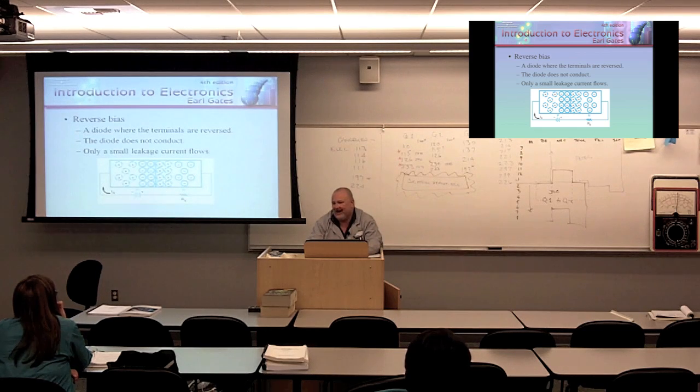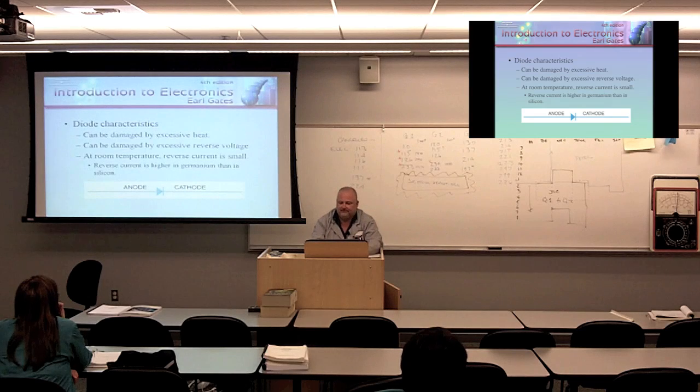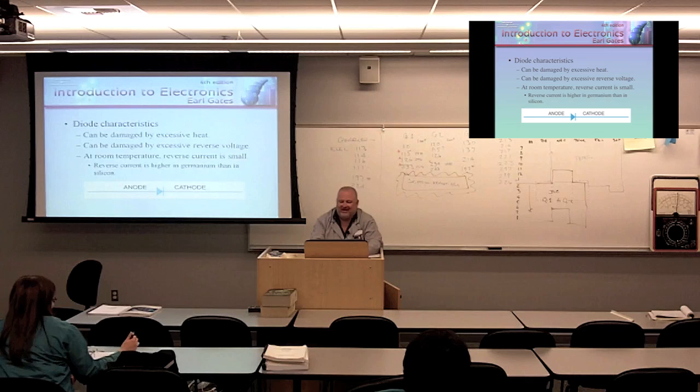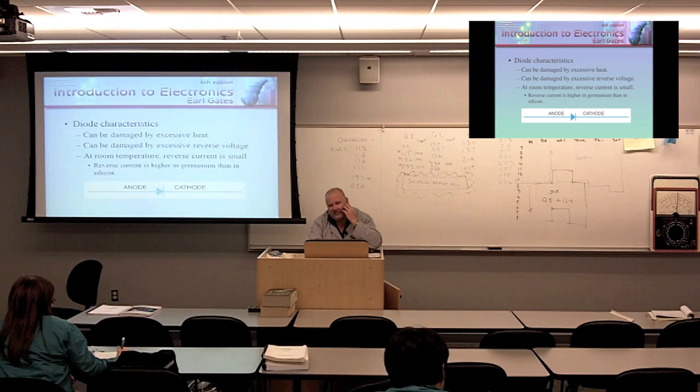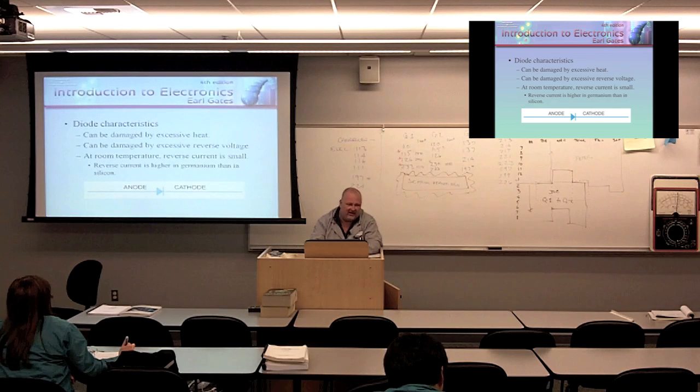You're going to have to look at the data sheet to see specifically how much reverse voltage this can handle. They put a 1N number on it, which is going to be 1N and then 4 other digits typically. You can look that up on Google, which will give you the data sheet, and then you know exactly how much reverse voltage the diode is designed to handle.